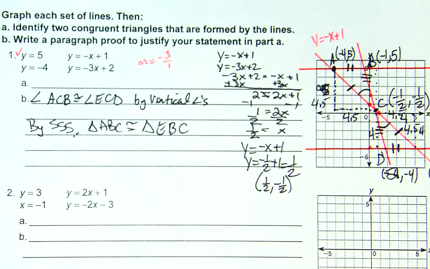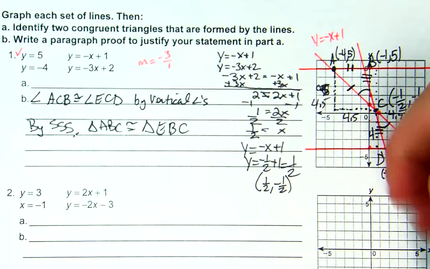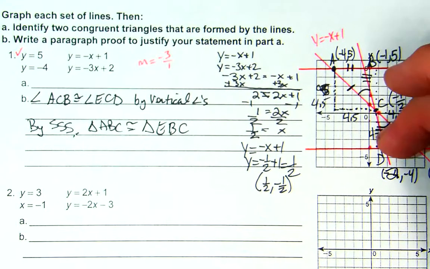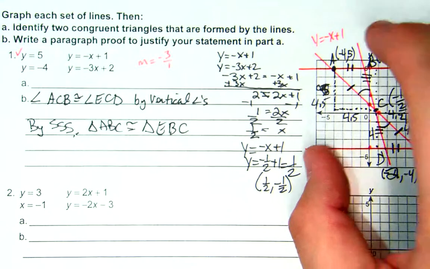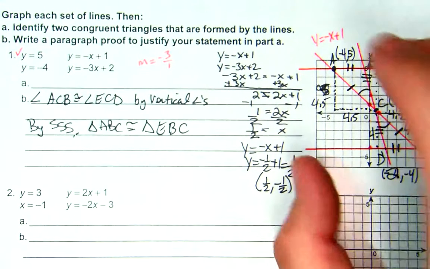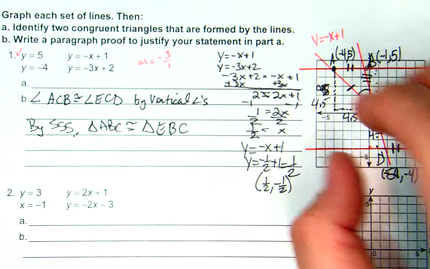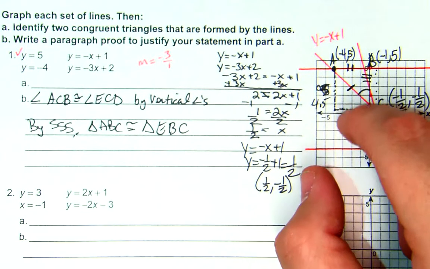So when you're dealing with the triangles in here, draw the picture and figure out the lengths as best as you can. It's a lot easier to do in a calculator.